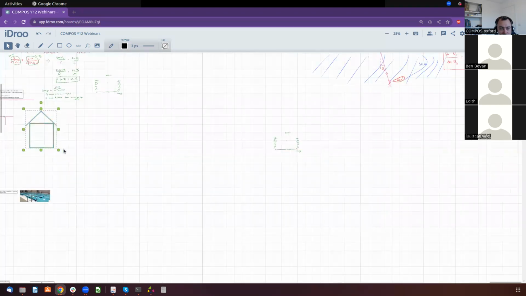And the image of that house in the mirror is exactly the same distance from the mirror.